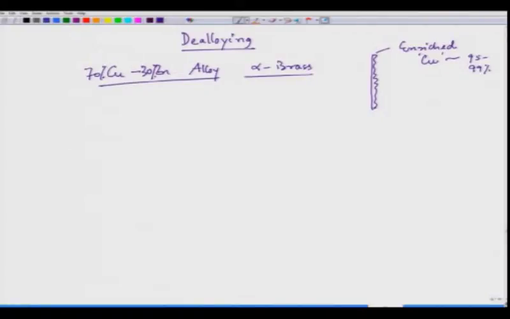Initially it was 70%, now it has gone to 95 to 99%, and of course, the zinc content would be 5% to 1%, and it was 30%, now it has reduced to 5 to 1%. So, here we call it de-zincification. It has got another name, which is selective leaching.